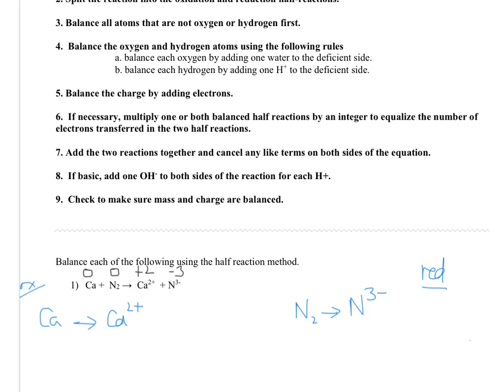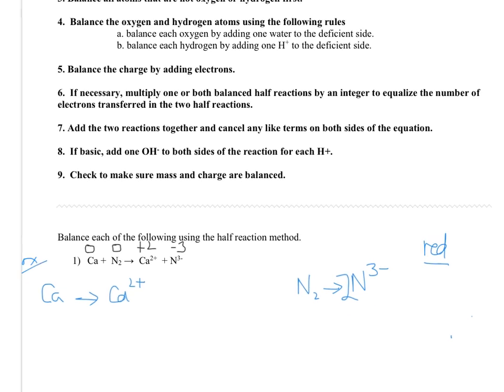So we need to fix that. And so we put a 2 right here so that it's balanced. All right, step 4. Step 4 says balance the oxygen and hydrogen atoms using the following rules. Well, no oxygens or hydrogens, so we're done with that step.